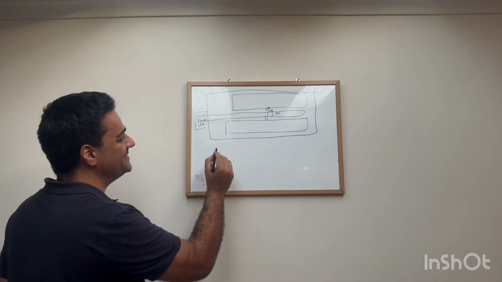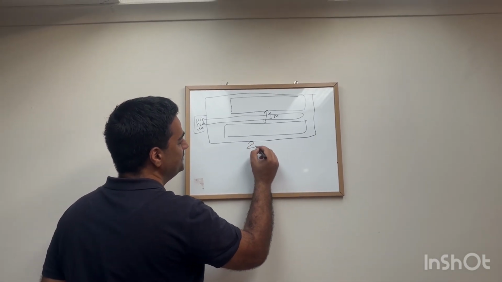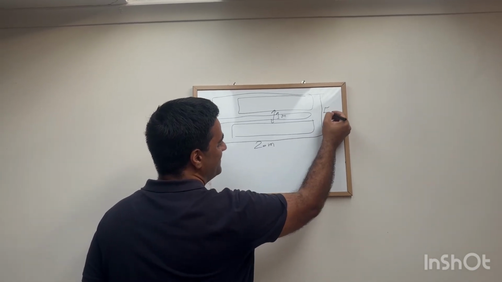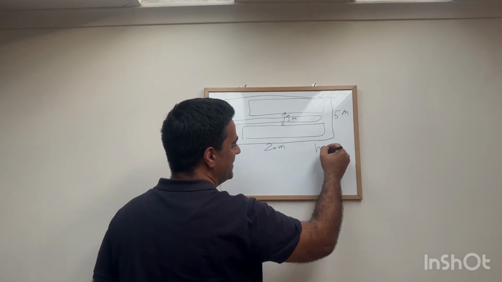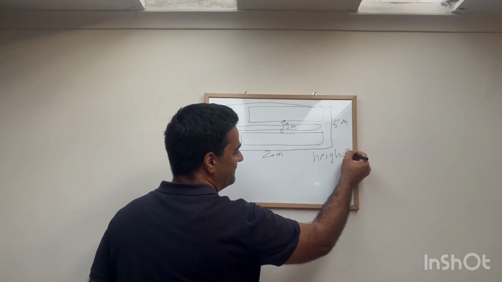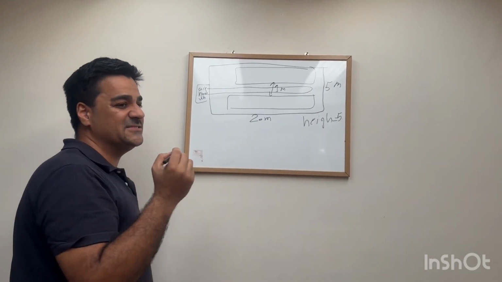If we consider the length of your room is 20 meters, the width is 5 meters, and the height is near 5 meters, then 5 by 20 meters is equal to 100.